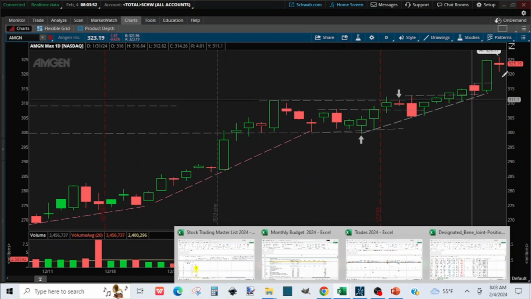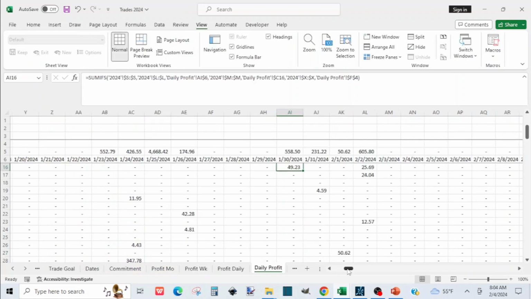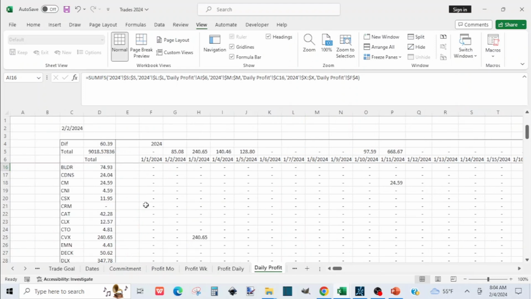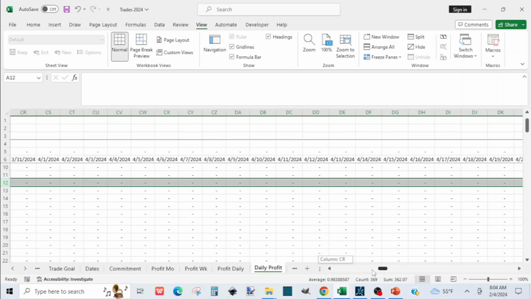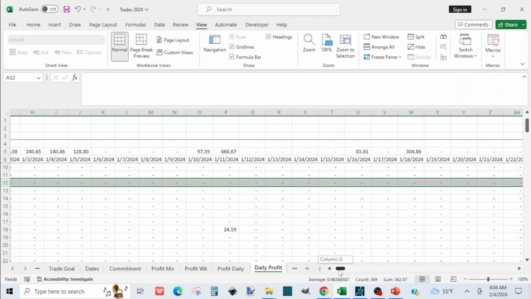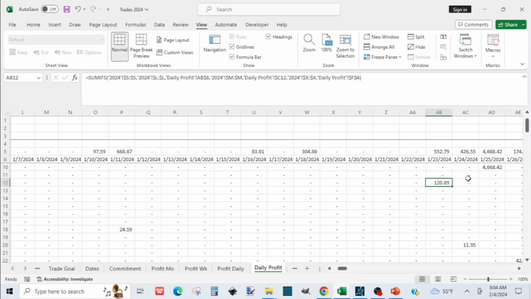Because it started pulling back down now, we are going to add it to our list, but it has earnings coming, and we can see what profit we made out of this one. We made over $100 profit with it.